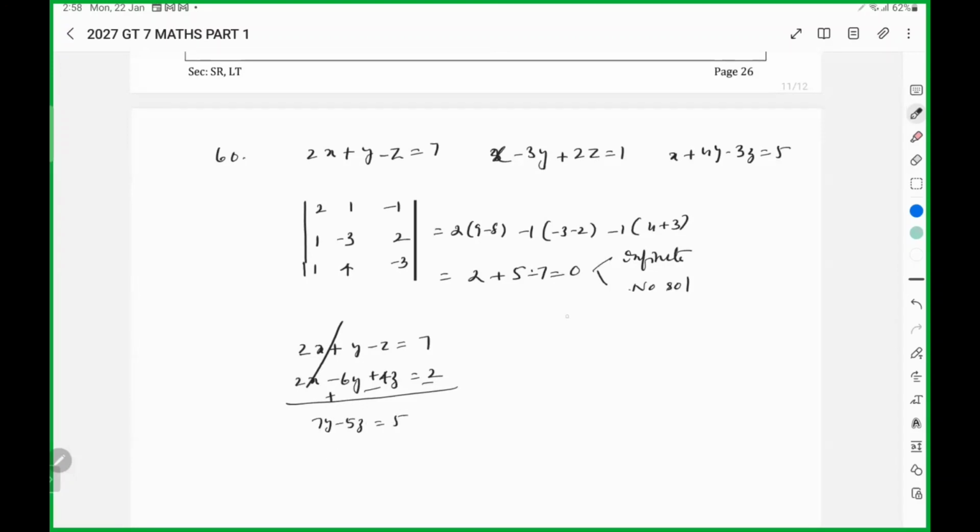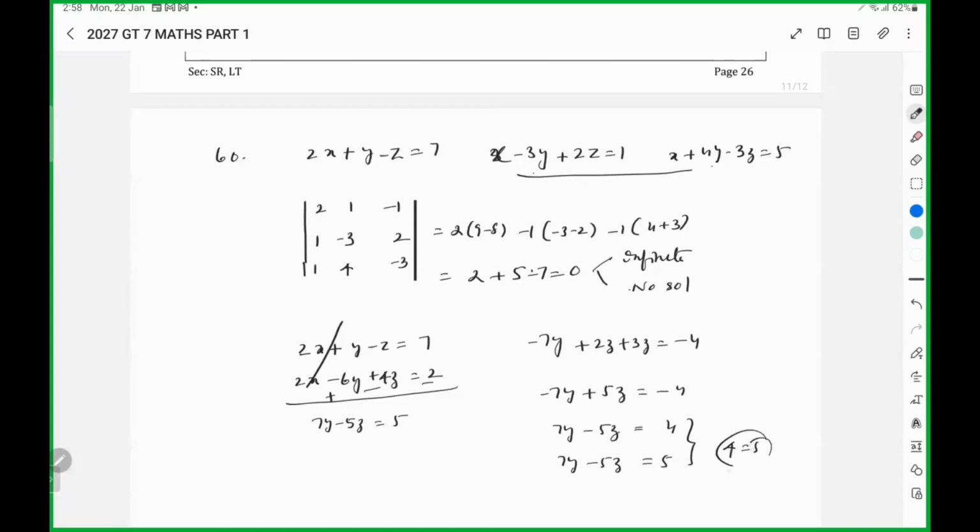Here, subtract one from the other. Minus 3y, 7z, 2z plus 3z. So 7y minus 5z is 4. 7y minus 5z is 5. 4 equal to 5, impossible.